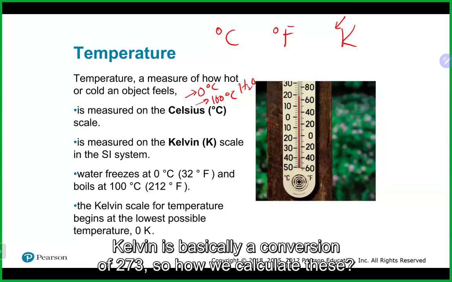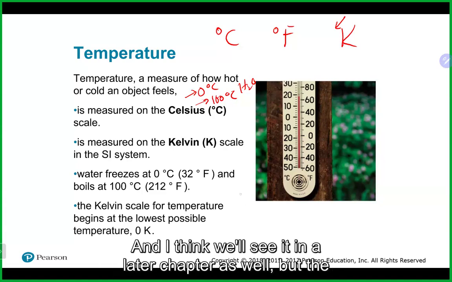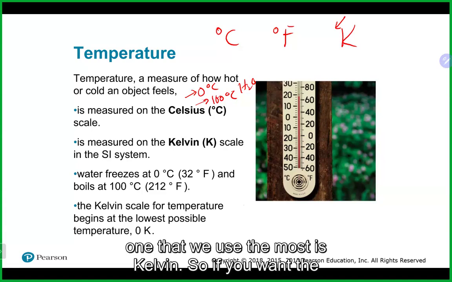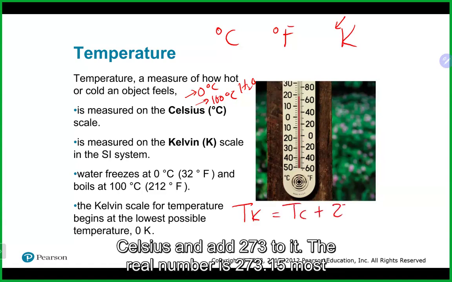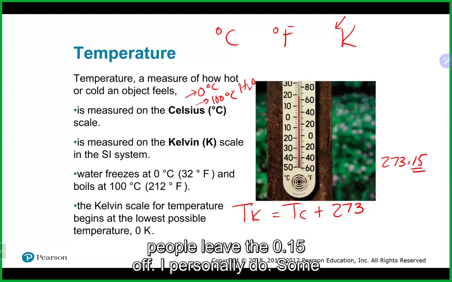And Kelvin is basically a conversion of 273. I think we'll see it in a later chapter as well, but the one that we use the most is Kelvin. So if you want the temperature in Kelvin, you're going to take the temperature in Celsius and add 273 to it. The real number is 273.15. Most people leave the 0.15 off. I personally do.